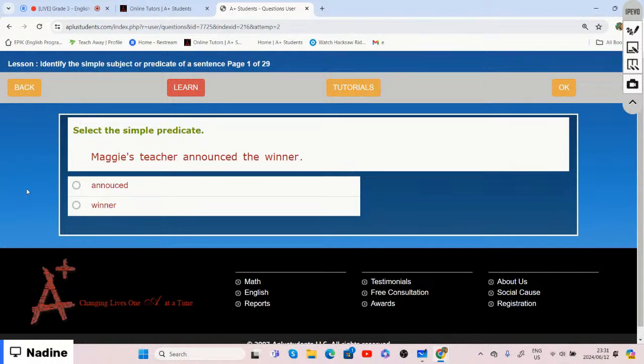We need to select the simple predicate within that sentence. Is it option one, announced, or option two, winner? It says, Maggie's teacher announced the winner.